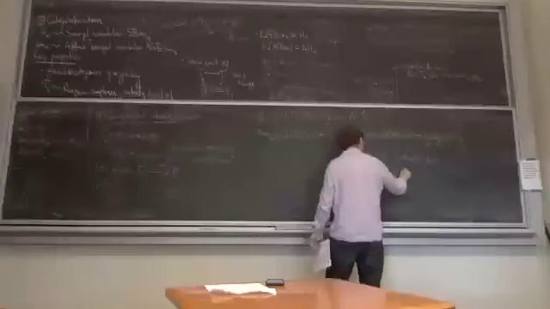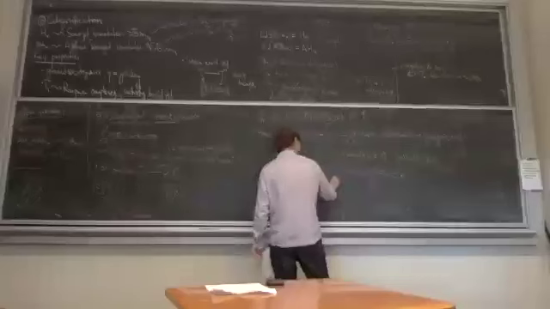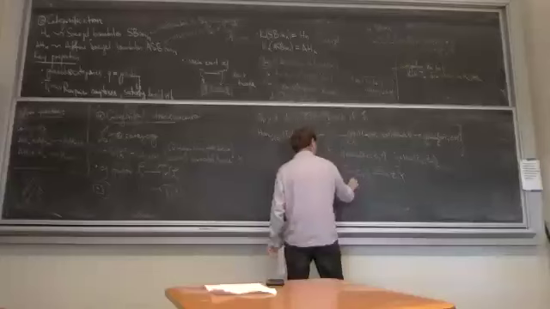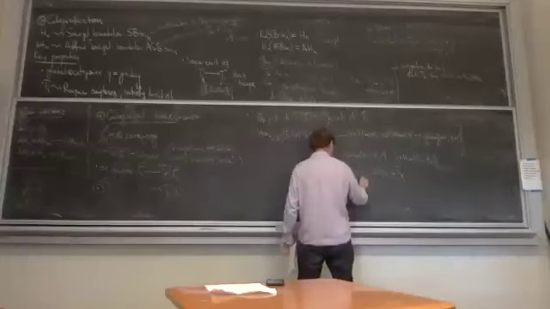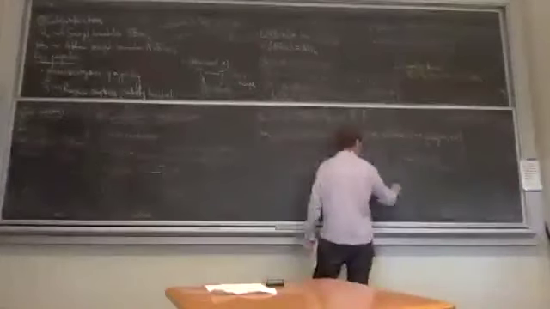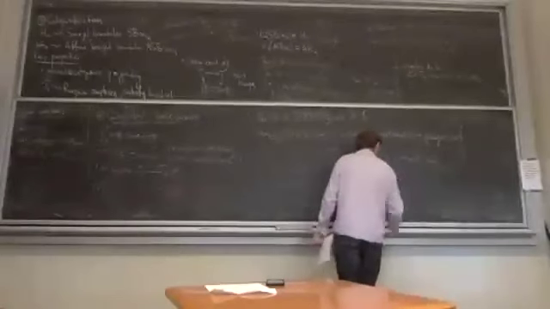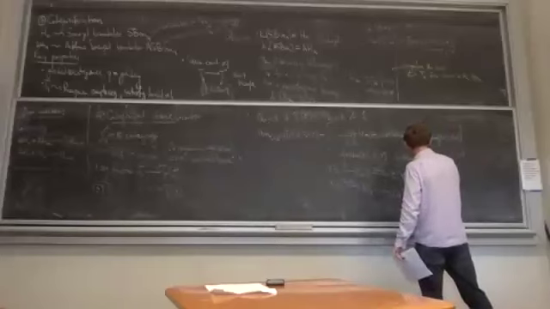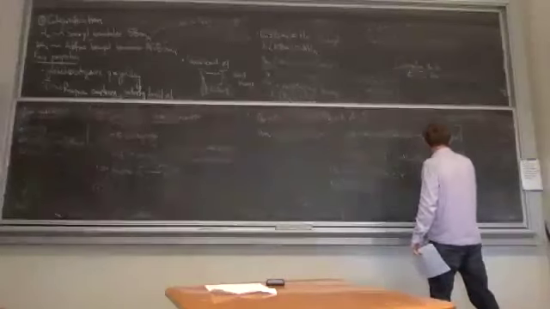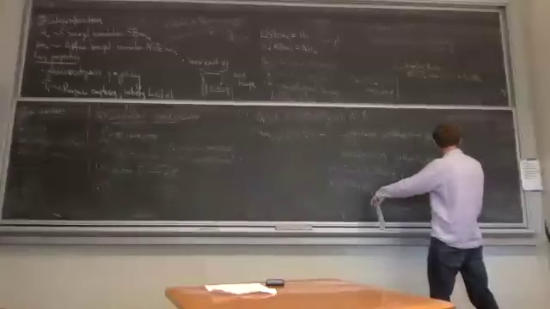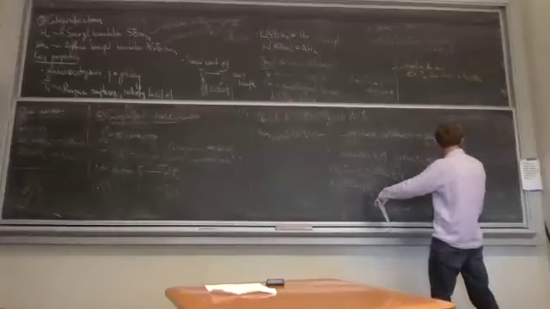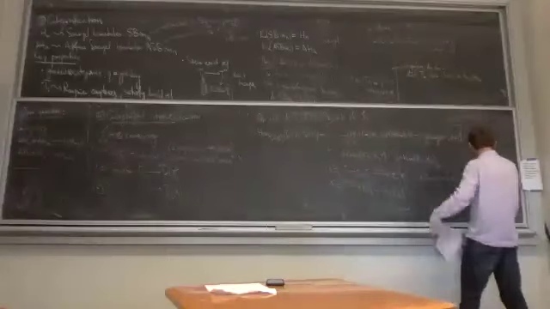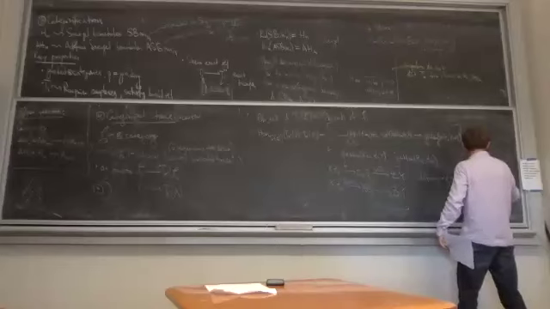And get Z1 tensor Y, or I can compose them like this and get X tensor Z1 to Z2 tensor Y. And I take the difference. So the differential of f tensor g would be g tensor identity composed with f, minus f composed with identity tensor g.